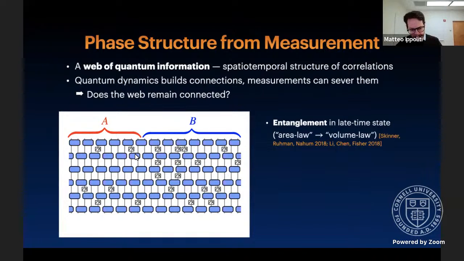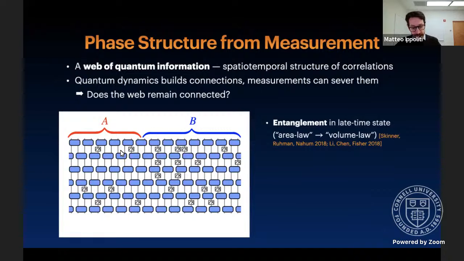As you make these unitary interactions, you can generate these correlations between neighboring qubits, and these correlations also propagate through time. And then as you make measurements, which are these boxes here, these are capable of cutting some of those connections, disconnecting the past from the future, or disentangling different spatially separated subsystems, and so on and so forth.